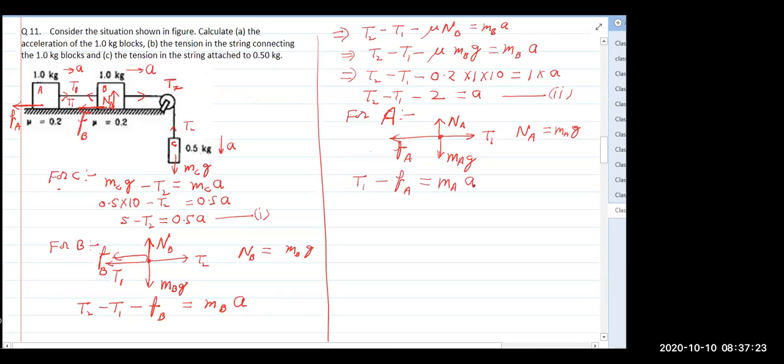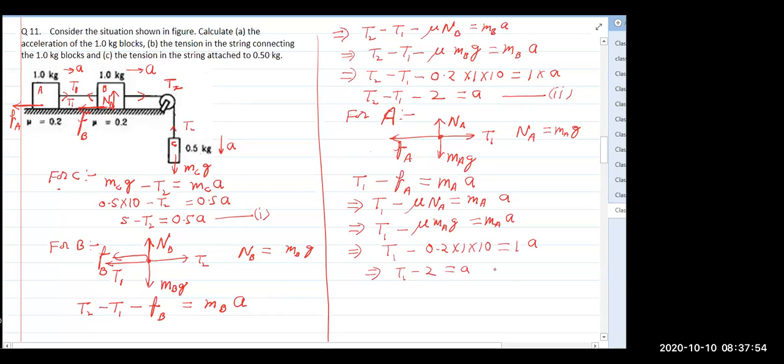So T1 minus mu times NA equal to MAA, which is T1 minus mu MAg equal to MAA. Putting in the values, T1 minus 0.2 into 1 into 10 equal to 1 into A. So T1 minus 2 equal to A. This is equation 3.